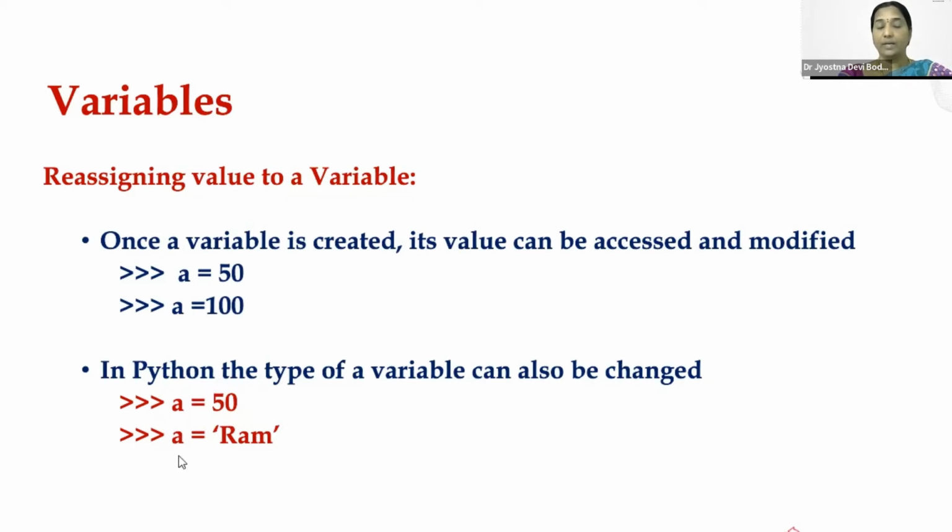Hereafter a will be treated as a string type. Earlier it was integer, but now it is string type. But we need to remember that at any single point in time, a variable can be assigned only one type, not both. Till this statement is executed, a is of integer type. Later, when this statement is executed, hereafter this variable is considered a string. So these are the different properties related to variables in Python.